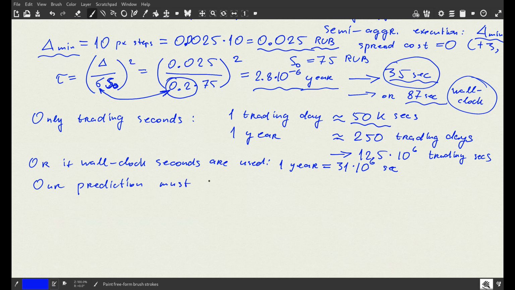Maybe for the smallest fee and smallest execution cost, if you do it half passively, half aggressively, maybe something like 30 seconds is enough, but roughly 1 minute horizon would be required for our predictor in this case.